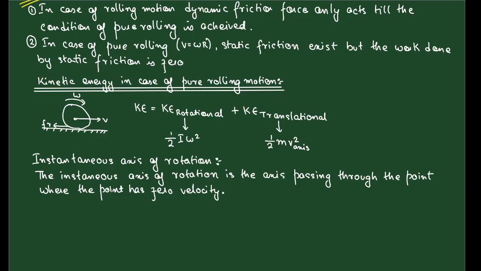That is nothing but the instantaneous axis of rotation. So in case of pure rolling, the instantaneous axis of rotation would be nothing but the point of contact. Point of contact means this surface, isn't it?